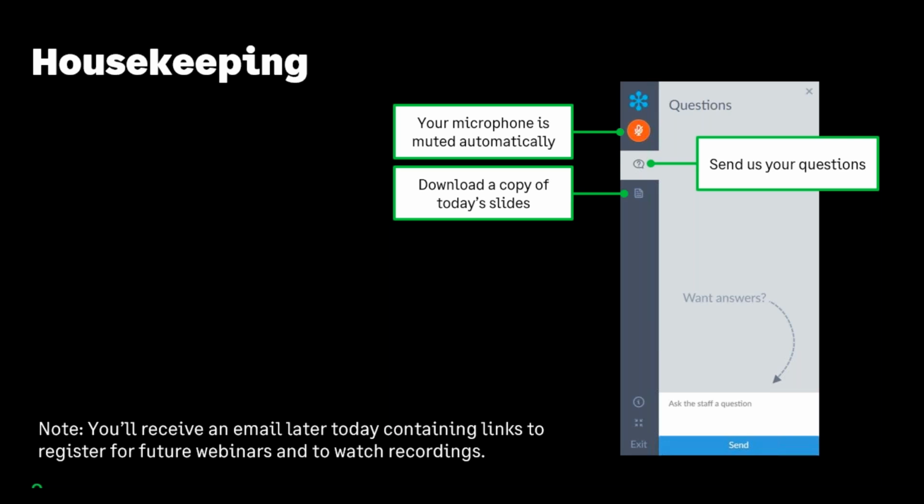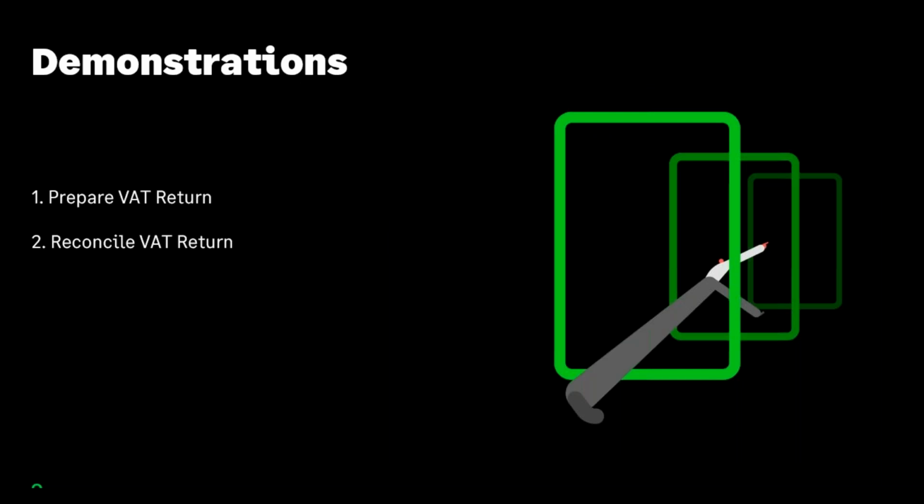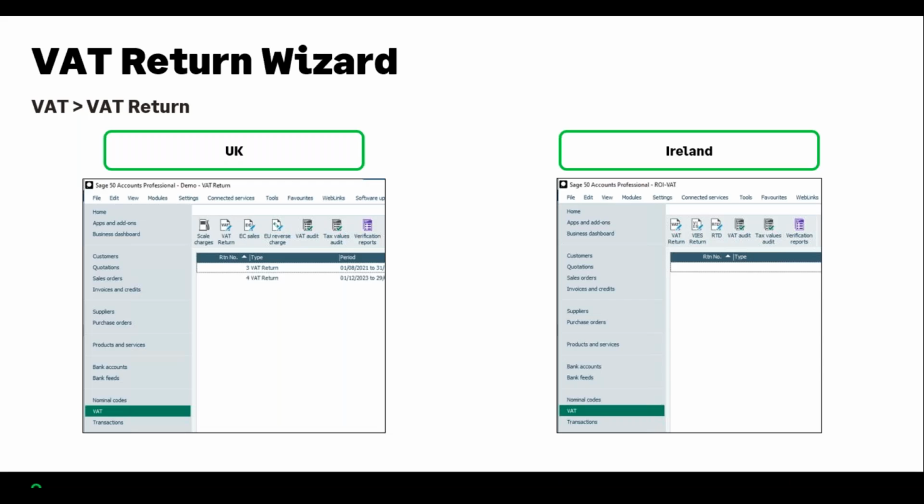So not to give the game away again too much, but yes, we're going to be looking at demonstrations of preparing the VAT return and reconciling it. There is a difference between the two programs that we have for UK and Ireland. What I'm going to show you now is those differences. The first initial screen. So on the left, we have the UK version. On the right, we have the Irish version.